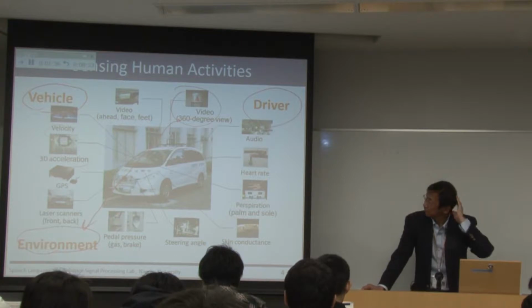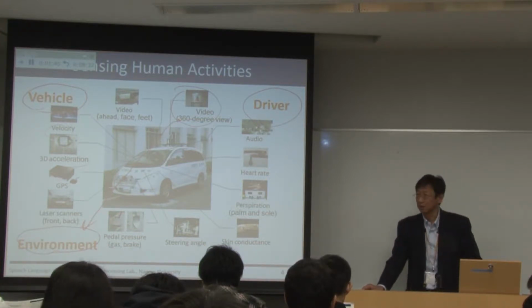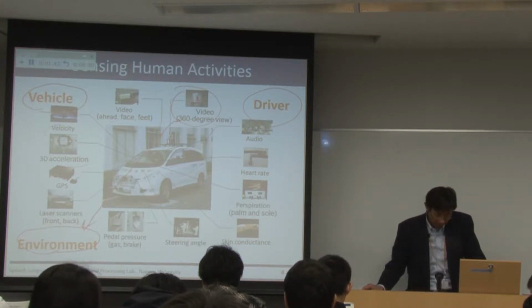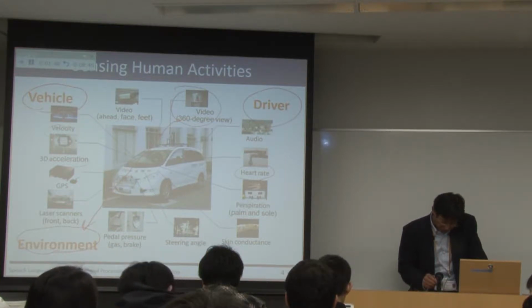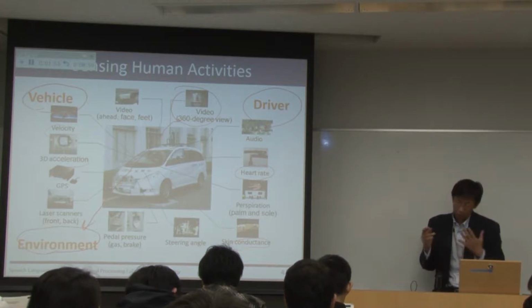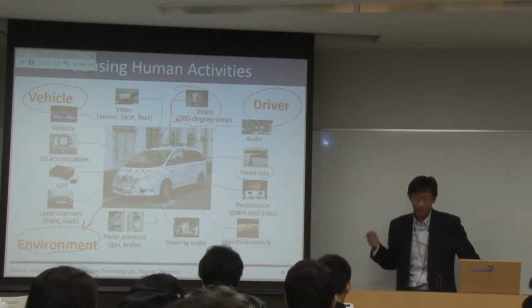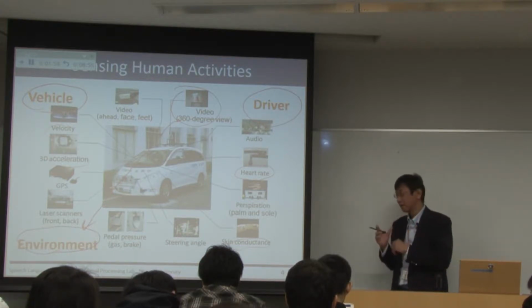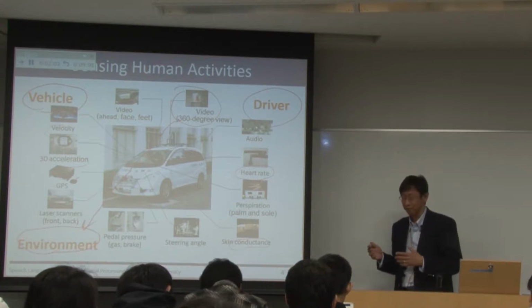into simple channels of signals. For example, for the physiological response of the human, we can measure signals like heart rate or perspiration or maybe skin conductance. We know that these things are heavily related to our internal state, like emotional state or sleeping.